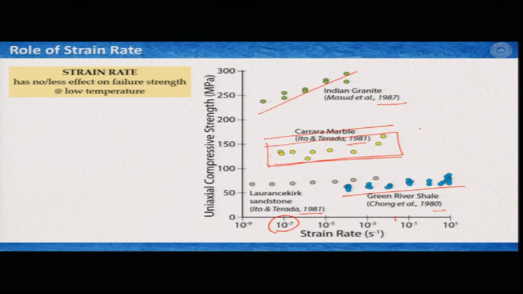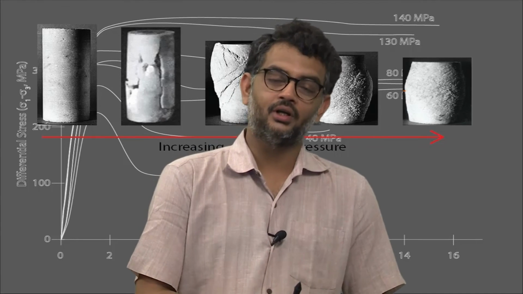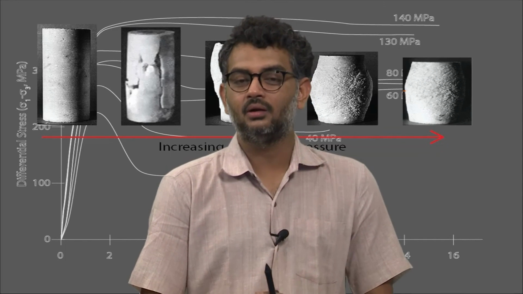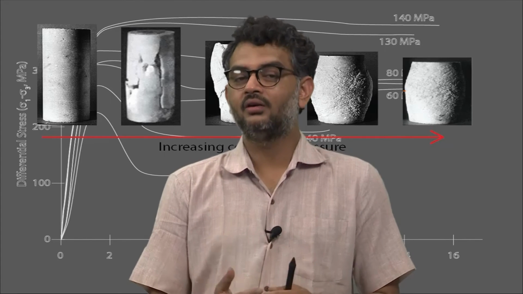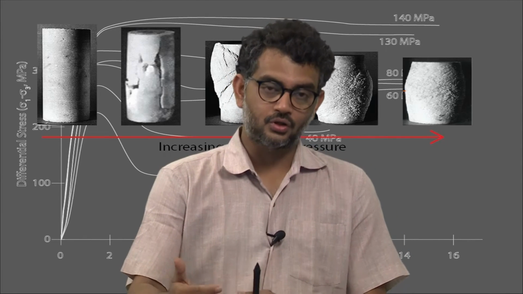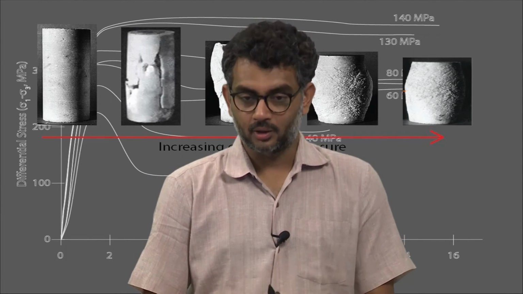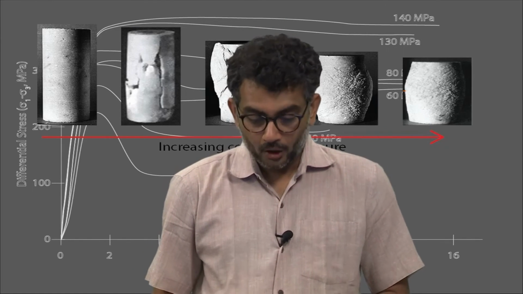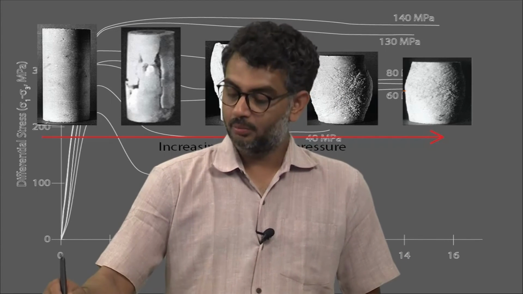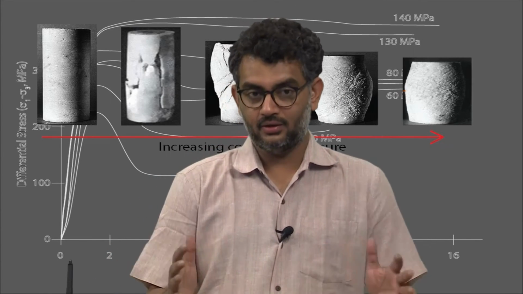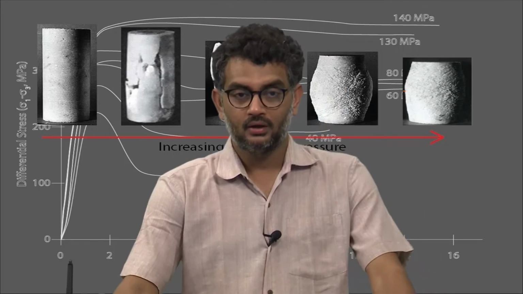This is because these rocks are not ideal elastic materials. They have some other components of the rheology, maybe viscous, maybe a little plastic, and therefore the strength does increase, but not the way we saw with the Yule marble in the previous slide.